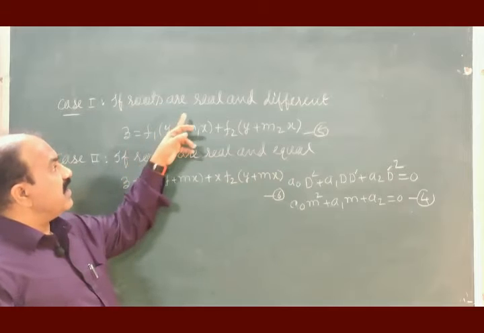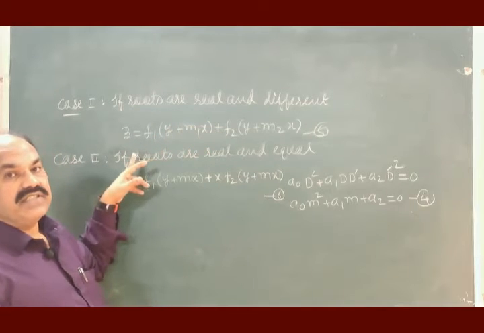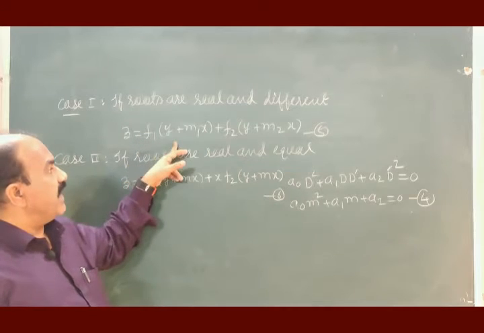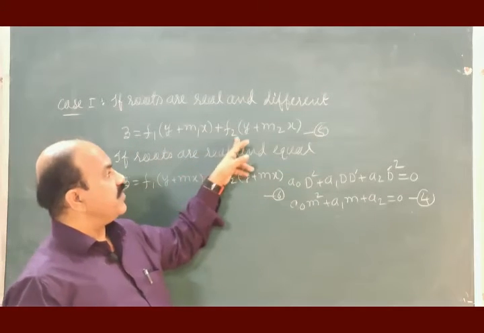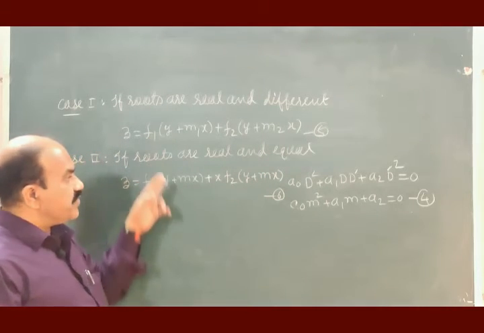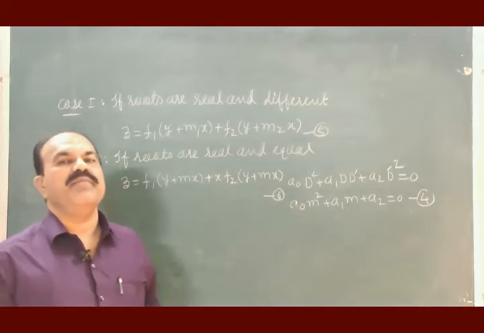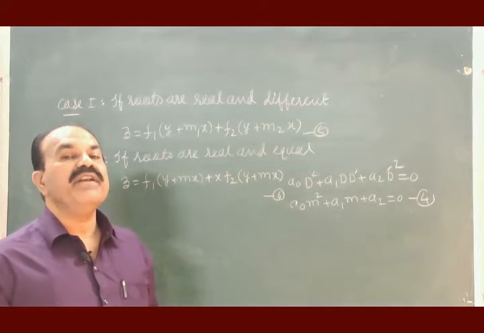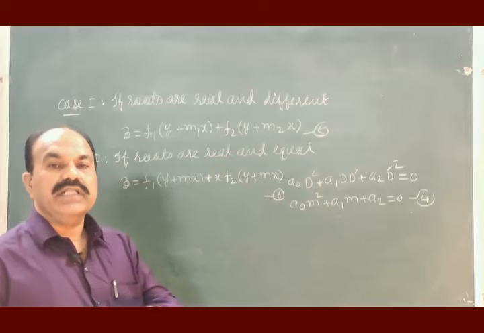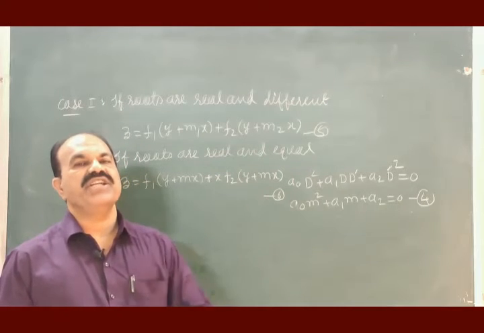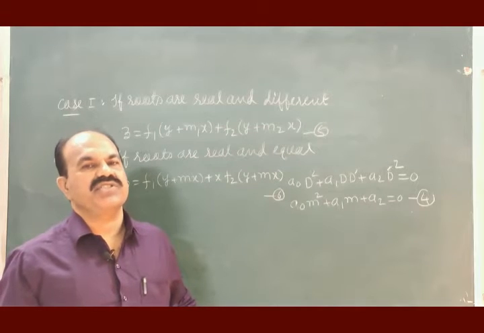If the roots are real and different, the complementary function is z equal to f1 of y plus m1x plus f2 of y plus m2x. So these two cases must be remembered whenever we are finding the complementary function for a given linear homogeneous partial differential equation with constant coefficients.